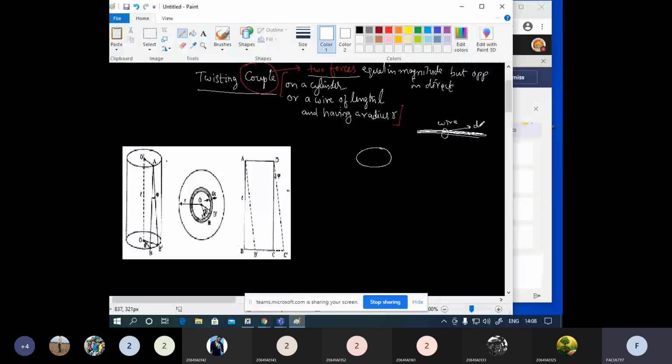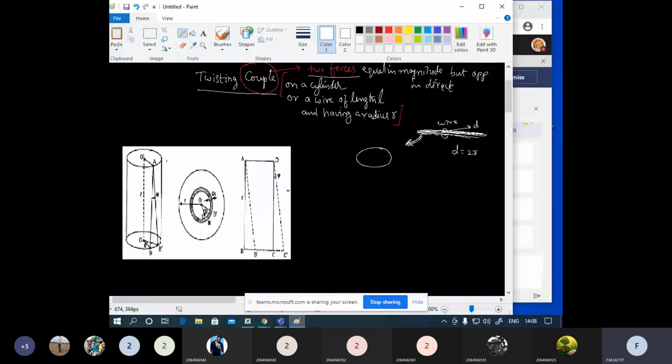Now we are enlarging this particular diagram, this wire here, and considering that it is in the form of a cylinder. If you enlarge this, it will look like a cylinder. So that is what we are considering here.